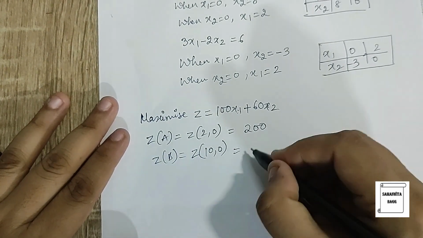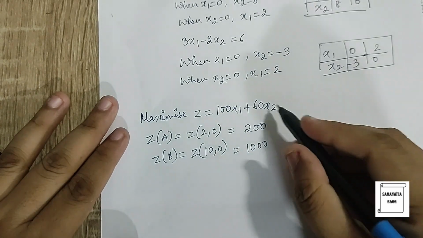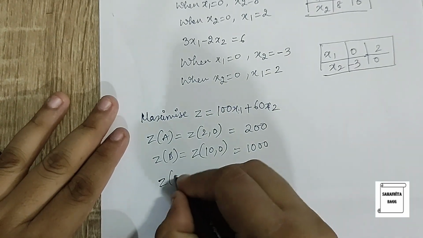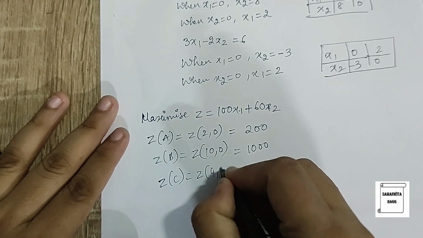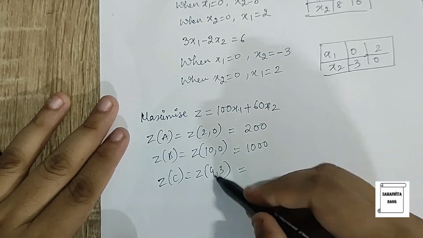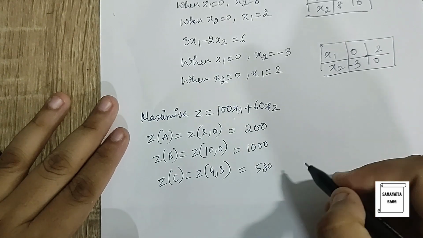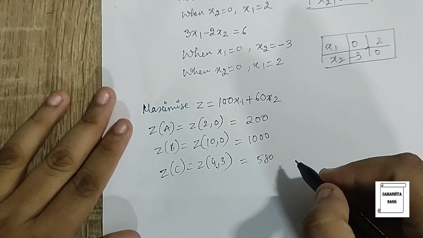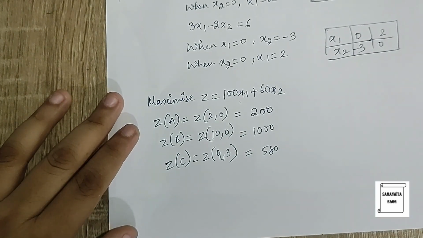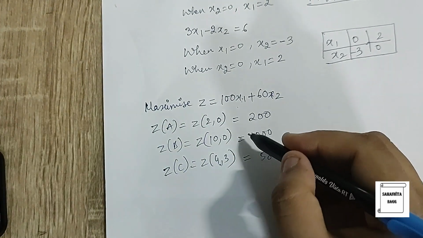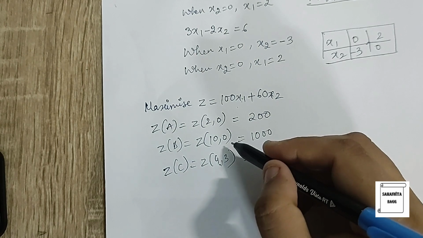So when you multiply, this becomes 1000 and this is 0. Last at C, that is 4, 3. So this is 400 plus 180, so it is 580. So you get the maximum value of Z at this point B, that is 10, 0.